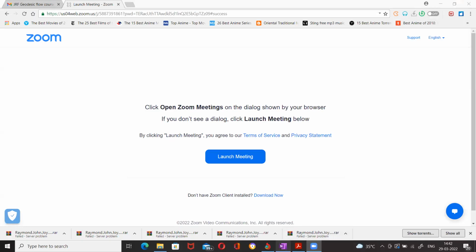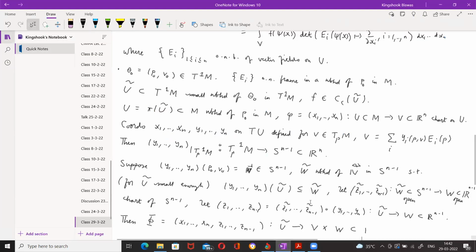So all I've done up to now is construct charts for the unit tangent bundle. So this is a chart of T1n on U tilde.